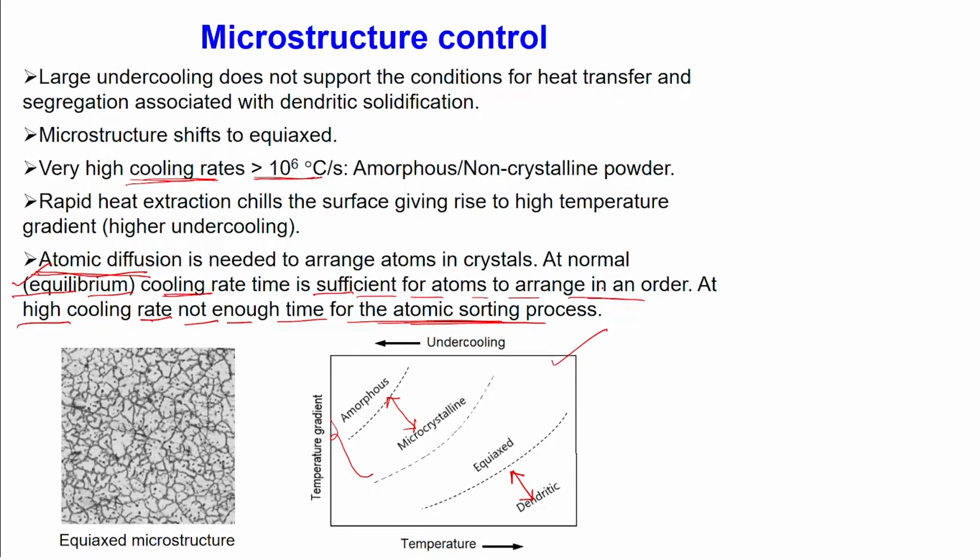Okay. So, it is all about how you control the cooling rate during the process, which would dictate whether a crystalline solid or an amorphous solid is going to form.